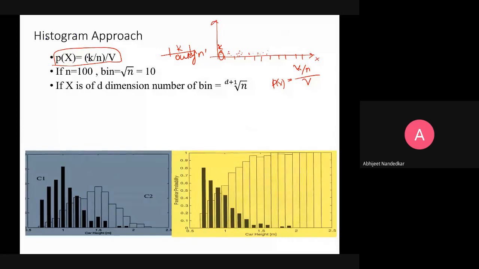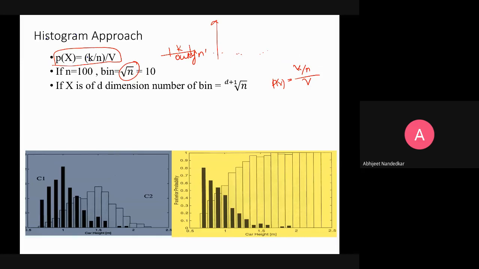Now it's very simple, and there is a thumb rule for doing this. Say for example, if I have 100 samples in total, then the number of bins must be at least 10. So square root of n is the rule to decide the number of bins. If there are 100 samples, you will have 10 bins. Then you can divide this scale into equal sections, say 10 bins.